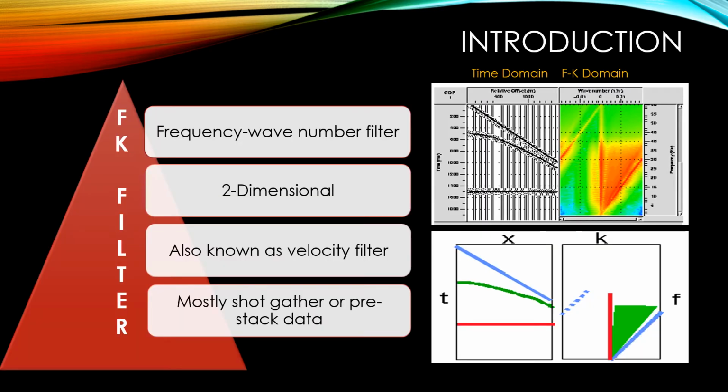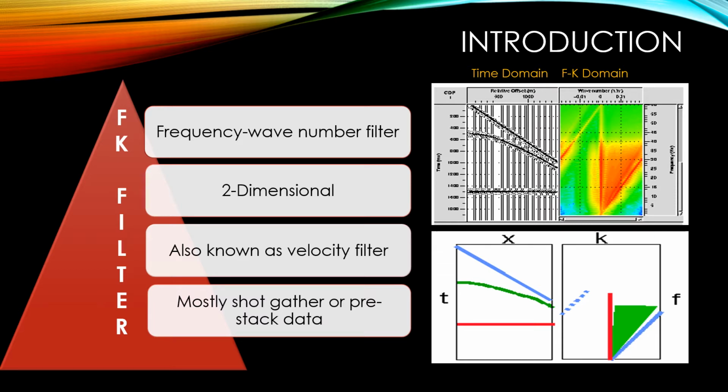To get started, we need to know and understand FK filter first. In general, in seismic data processing, FK filter, the frequency wave number filter, is a two-dimensional filter mainly used to attenuate the unwanted signal, especially the coherent linear ground roll and noises.